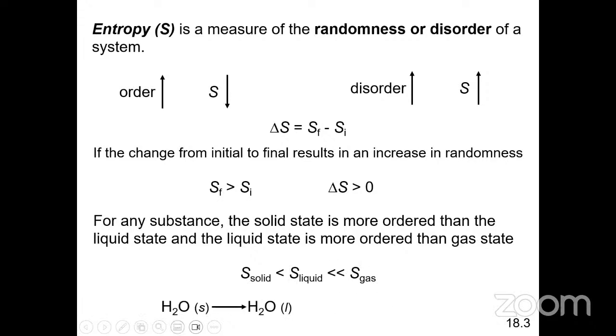So if you look at the transition going from solid to liquid water, from ice to water, obviously there will be an increase in entropy because the water would have a greater amount of entropy compared to the solid ice. So therefore, delta S for this change will be positive or greater than 0.